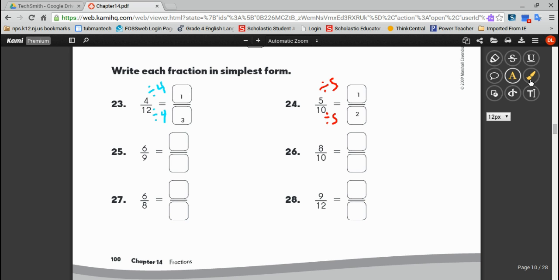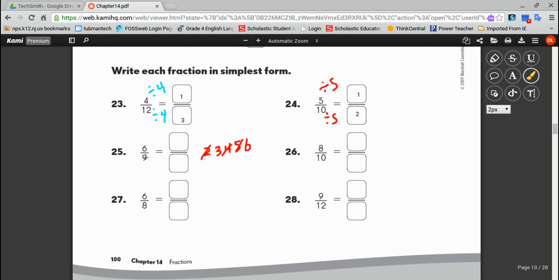Alright, let's do the next one. Can I do 6 divided by 2? Well, yes, but I can't do 9 divided by 2. That won't work, so I can't do 2s. 6 divided by 3? Yes, I can do that. 9 divided by 3? Yes, I can also do that, so that works. 6 divided by 4? Nope. 5s? 6 divided by 5?